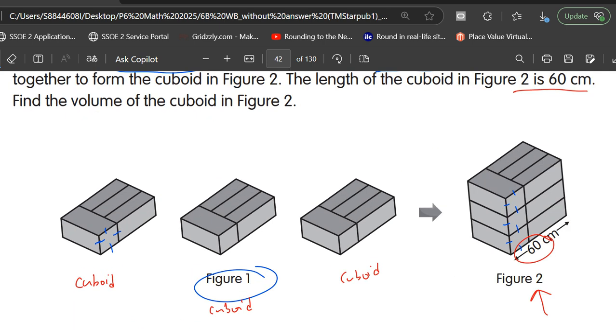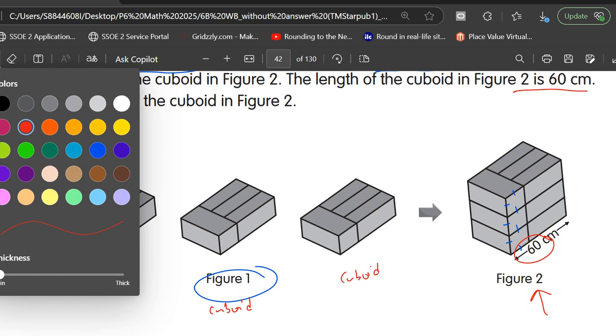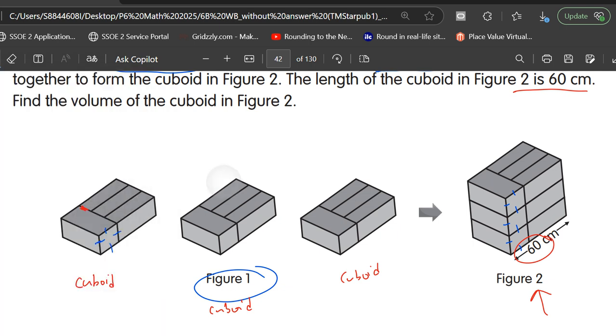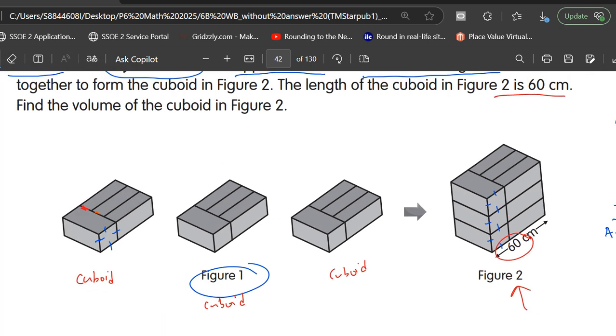Correct. So let's take a look at it. Look closely. This is one square face. Here is one square face. Here's another square face. And here's another square face.